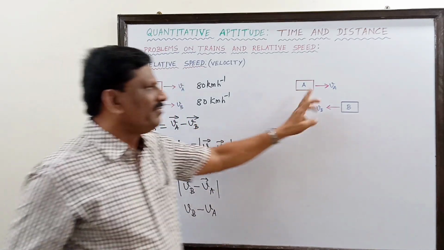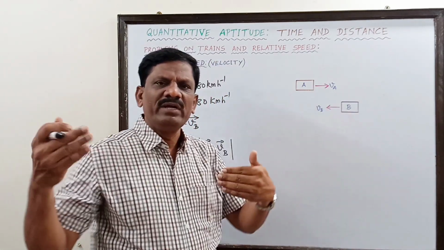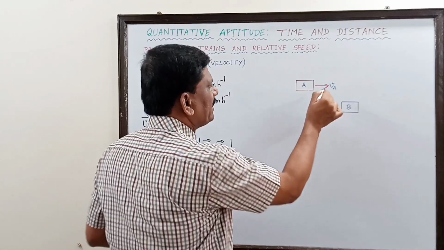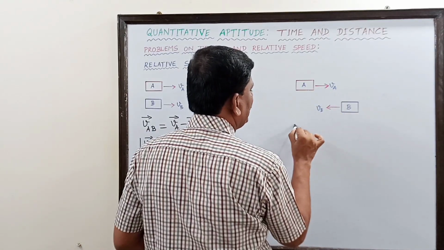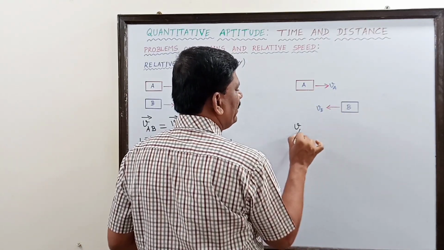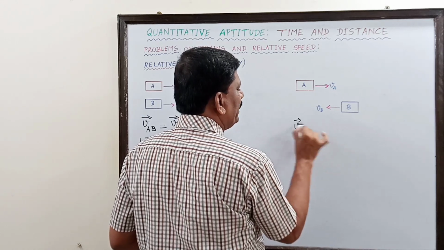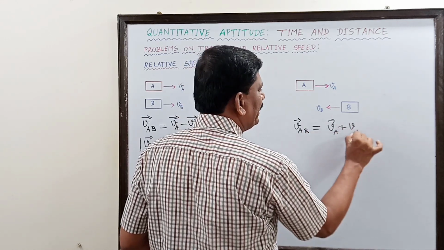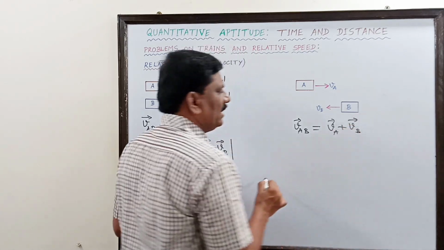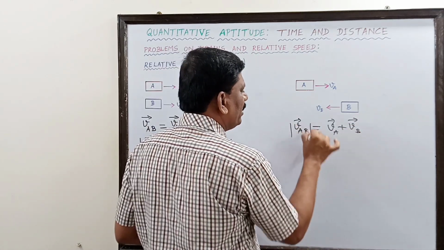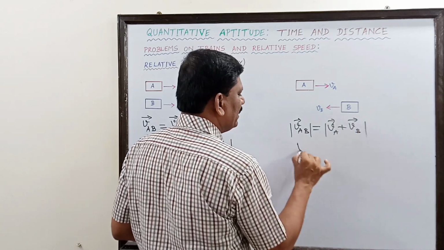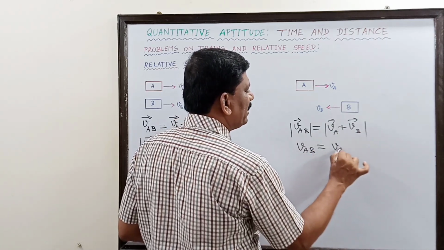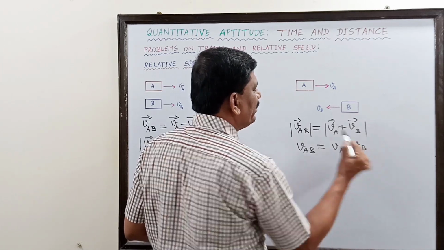Now what will happen if two moving objects cross each other in opposite directions? In this case, the relative velocity of A with respect to B is equal to VA plus VB, and if I take the modulus we get the relative speed of A with respect to B, which is equal to VA plus VB.